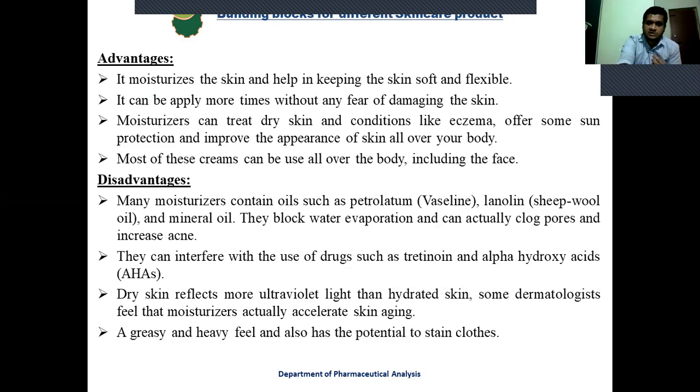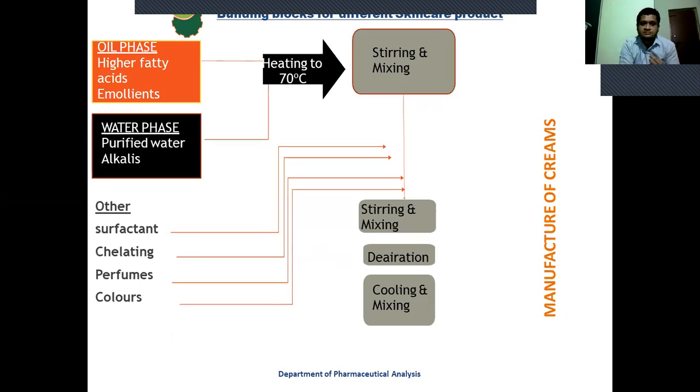Now coming to that particular part, you can see the oil phase. Here it is written higher fatty acids and emollients. So oils, waxes, any fats, suppose almond oil, or stearic acid, or beeswax, then mineral oils and paraffins, all these come under the oil phase.